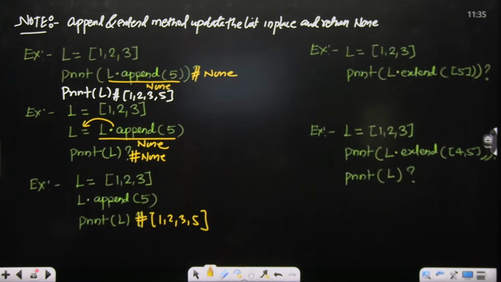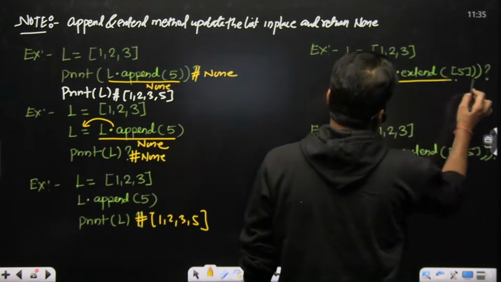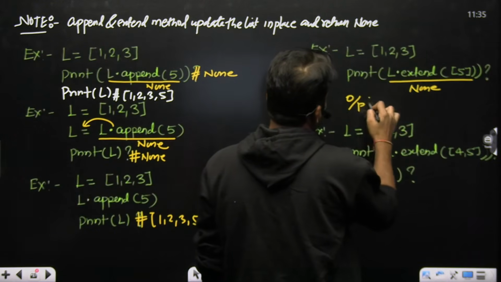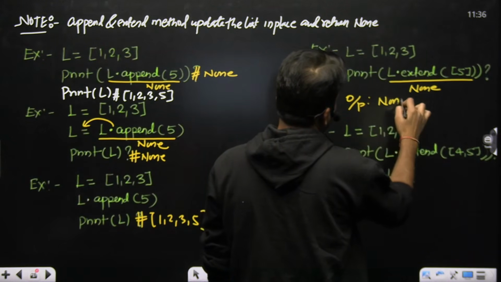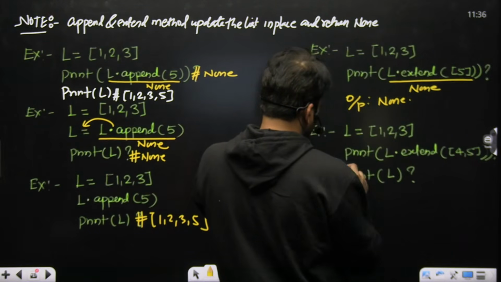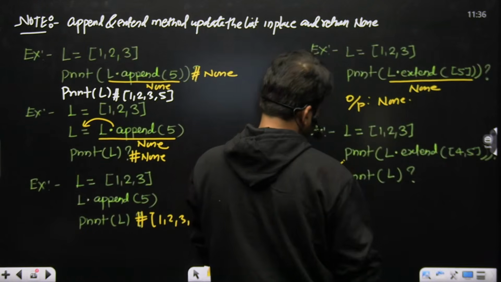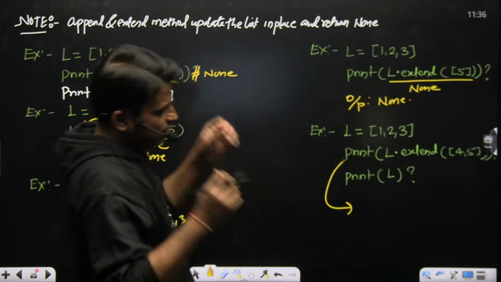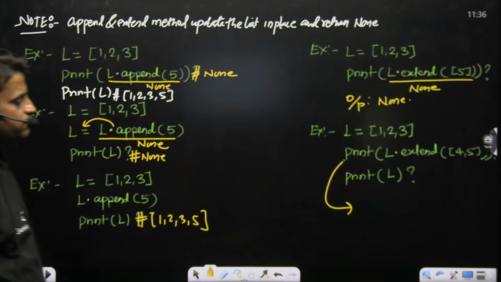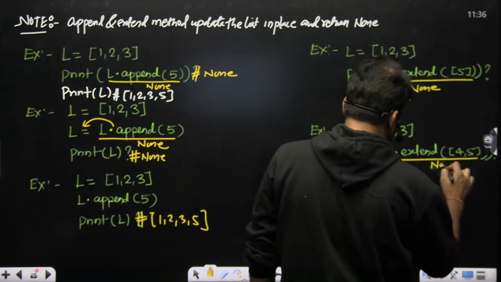What about the next example? L dot extend returns what, student? Sir, None. So the output of this is None. What about this one, student? What is the output of this? Sir, the entire thing returns None.